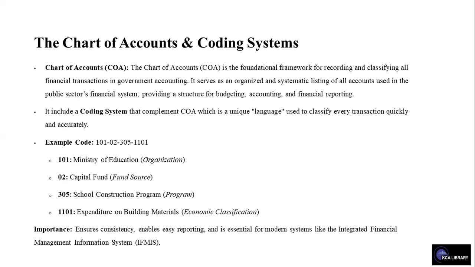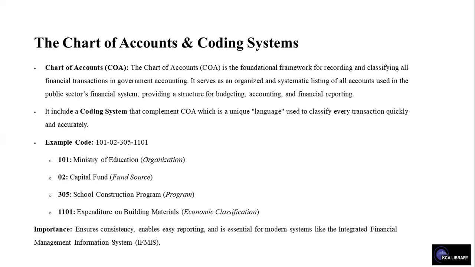An example of such a code is, for example, 101 can be for Ministry of Education. We can have 02 to be for Capital Fund. We can also have maybe 305 talking about school construction programs, and maybe 1101 talks about expenditure on building materials.